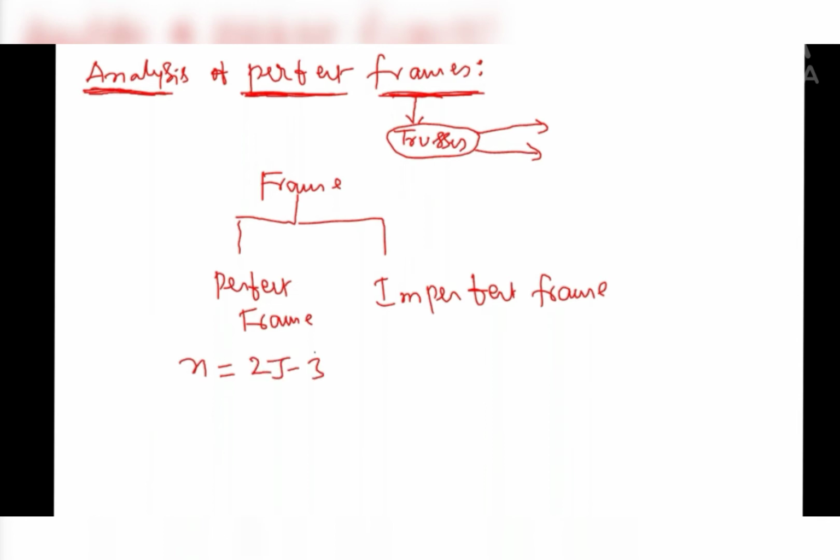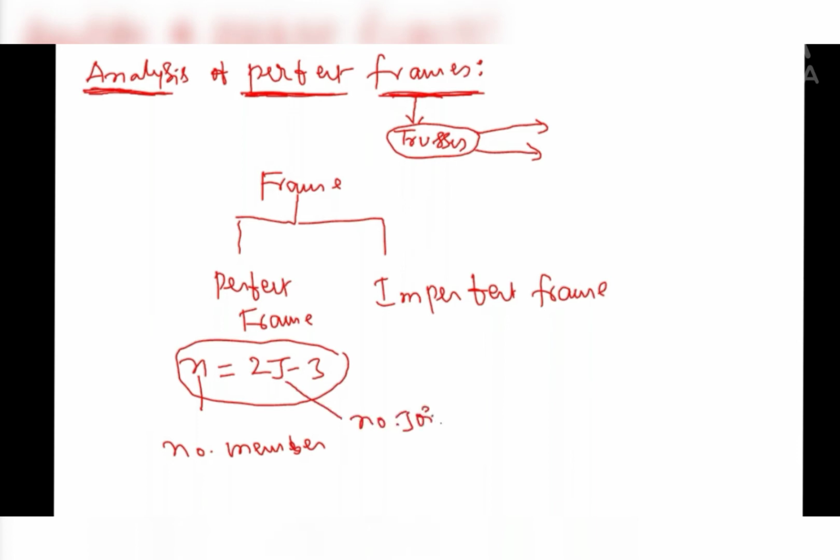Okay, so we have the equilibrium equation in frames: n is equal to 2j minus 3, where n is the number of members and j is the number of joints.